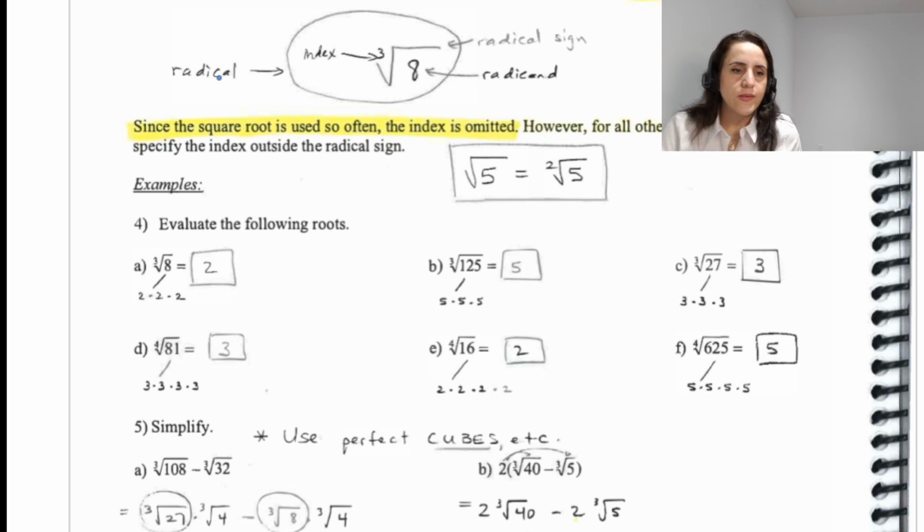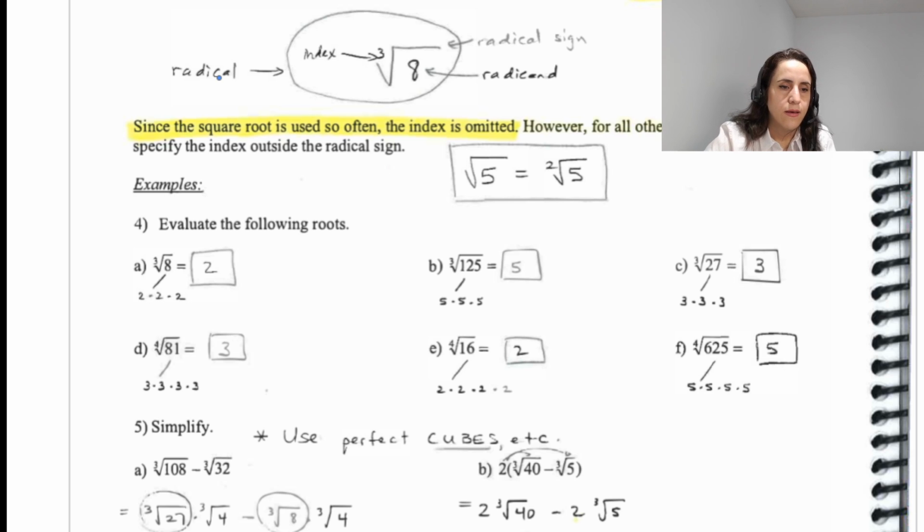Here, as you see, I have the cube root of 8. Cube root of 8 means 2 times 2 times 2. 2 is multiplied by itself 3 times, then 2 to the power of 3, and the index is 3. They are going to cancel out each other. It's going to be a 2.